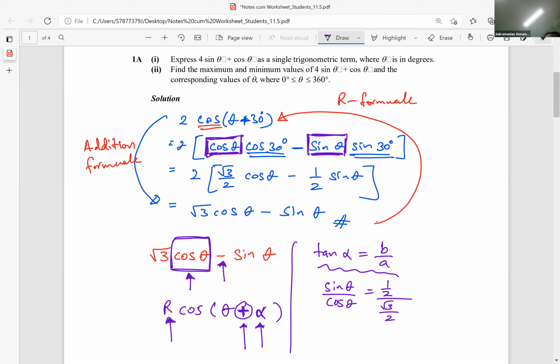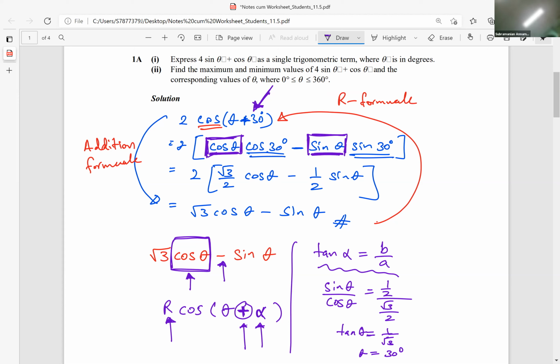So you get this as tangent theta equal to 1 over square root 3. And here, you can get your theta as 30 degrees. Can you see that we are going back to what? Can you look at this? This is 30 degrees, correct or not?